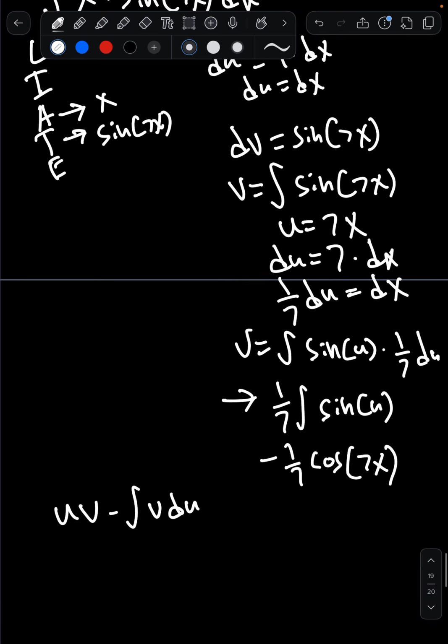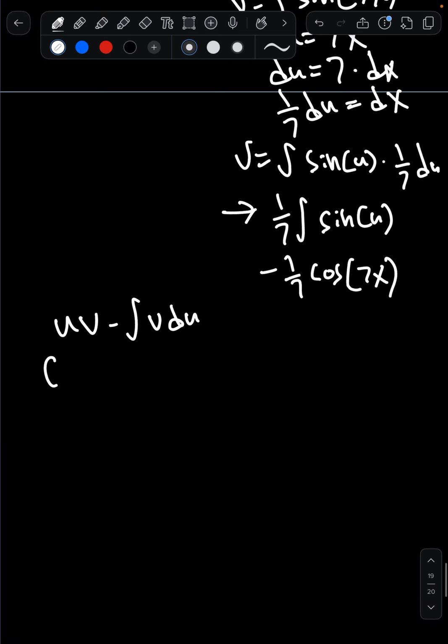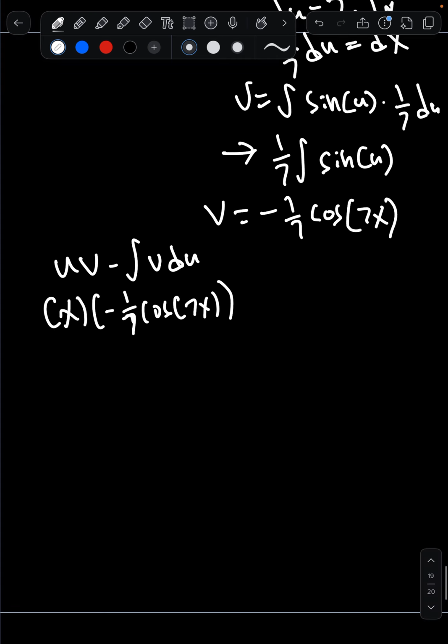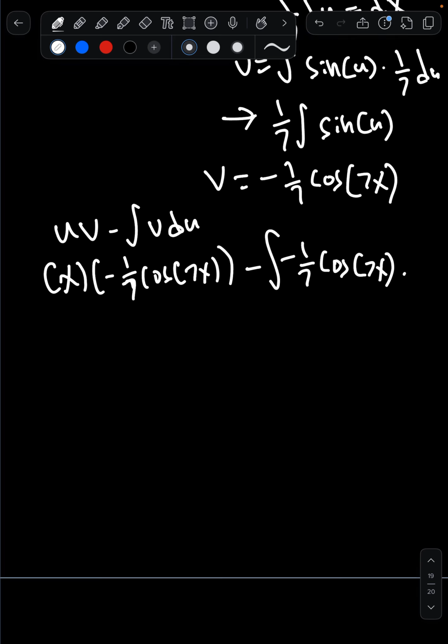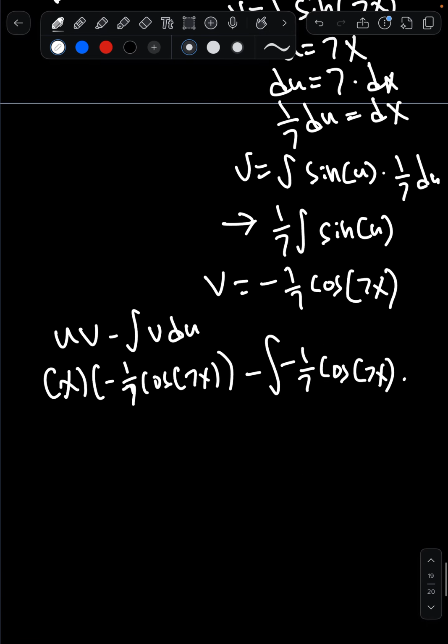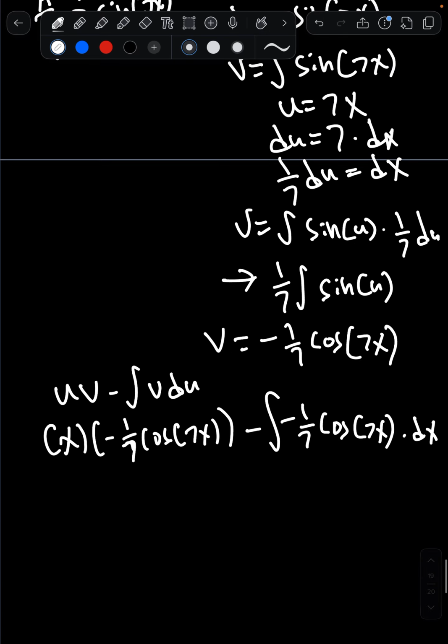So what is u? u is equal to x. v is this: negative 1 over 7 cosine 7x, minus the integral of negative 1 over 7 cosine 7x times, what is du? du is just dx, as we found above.